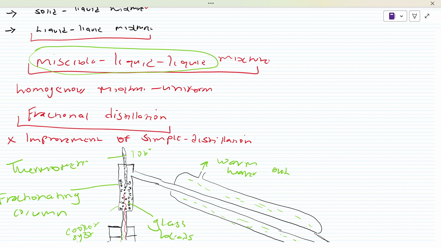We can use it to separate different, even organic substances, like the ones we use in the oil refineries.